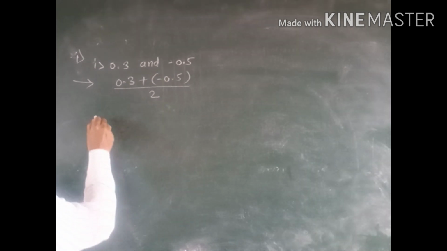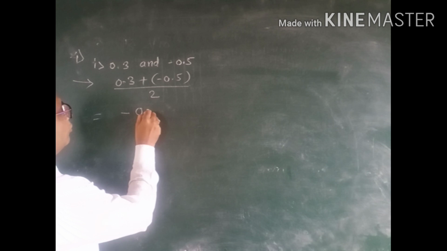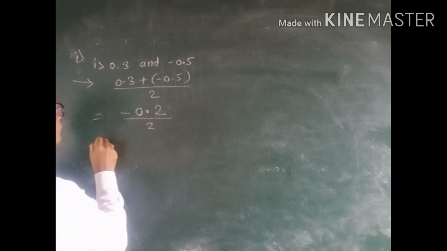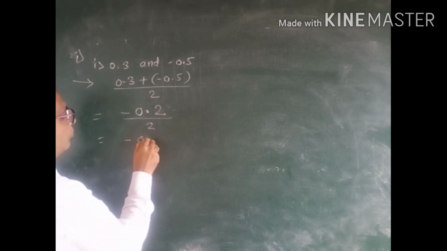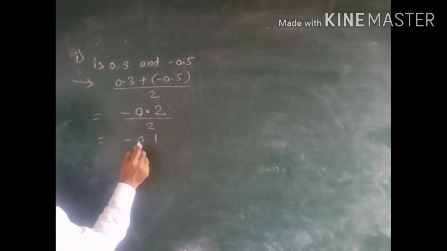This becomes minus 0.2 upon 2, that is minus 0.1. Now you got one rational number.